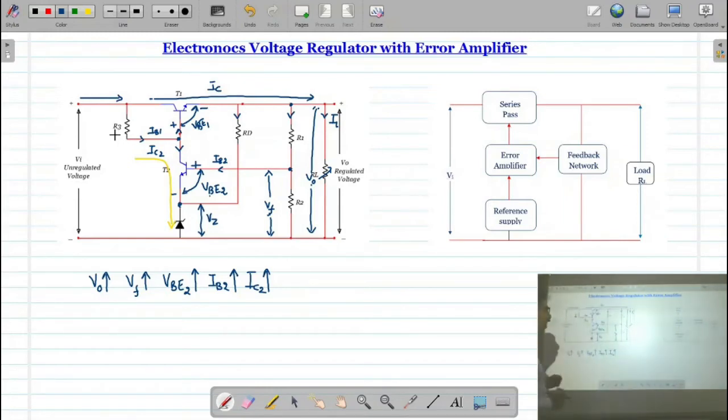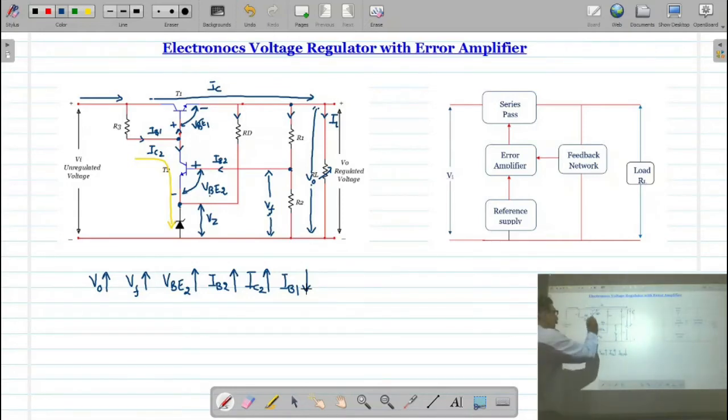Or in other words, if the current here is increasing, then at this point the potential is going to decrease. Means the base potential will decrease, and then naturally the base current IB1 of the transistor will also decrease. So here we can say the IB1 is going to decrease.